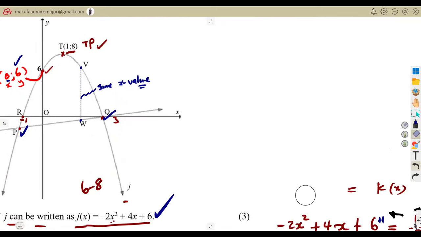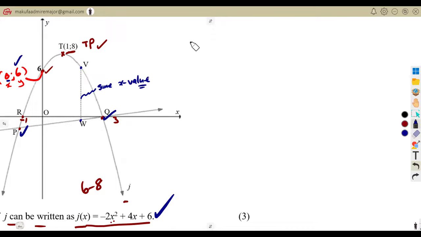In order for you to have the length of VW, you must define the difference between those points that you are given in that case. The difference, that is the one that you're going to need.